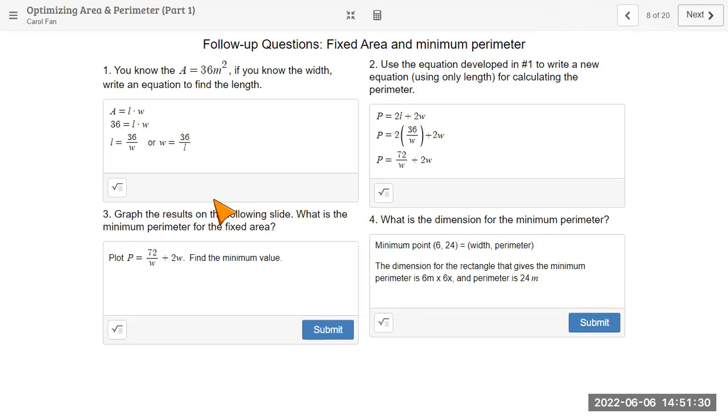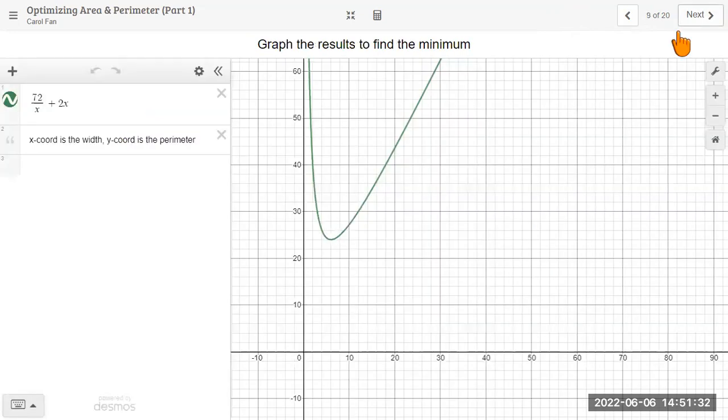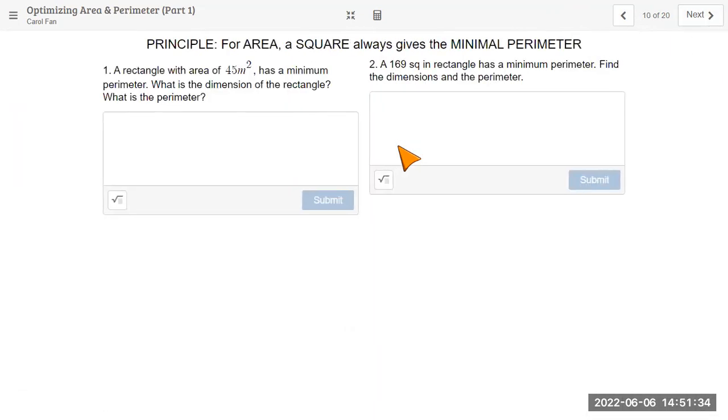Okay, so let's review that principle again. For area, if we're looking for a rectangular shape, the square is always going to give us the minimal perimeter. So let's say I have an area of 45 meters squared. What's the minimum perimeter?